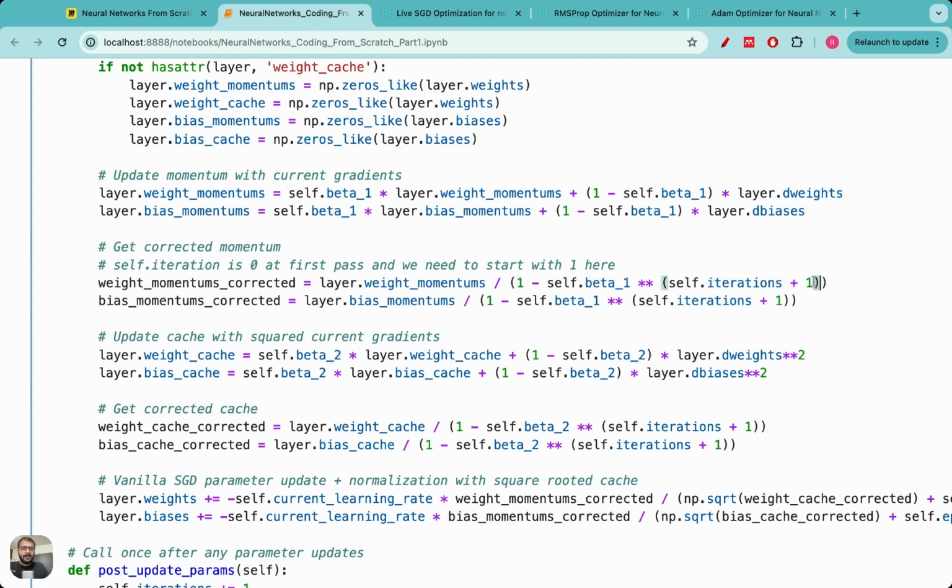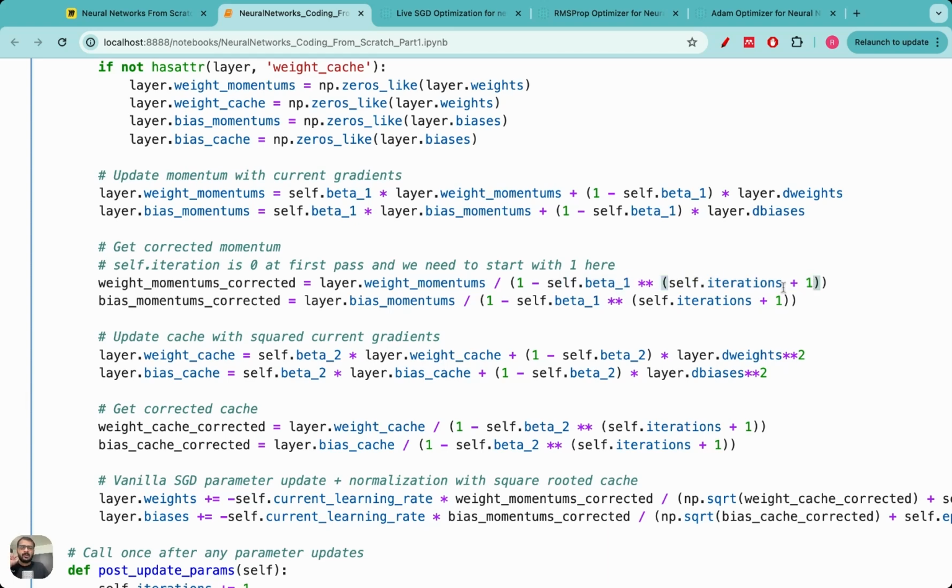For practical purposes, we have added 1 in the denominator so that the iterations don't start from 0 and we don't have a division by 0 over here. Or rather, we don't have starting from a very large value. I think that's why a plus 1 is added. So remember, this is beta 1 raised to t plus 1, right? It's not beta 1 multiplied by t, but it's 1 minus beta 1 raised to t plus 1.